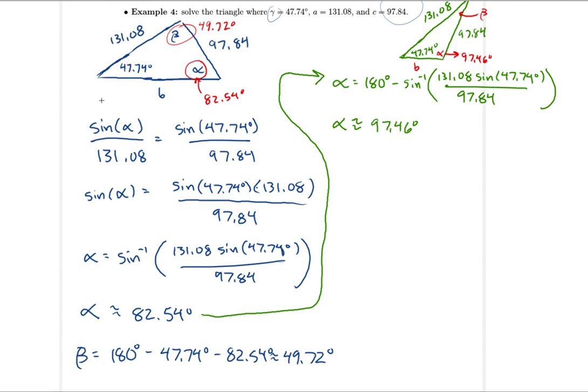So this triangle here is probably not a very good representation. It's probably more like this. You can see that in this representation, that does look more like 49.72 degrees.